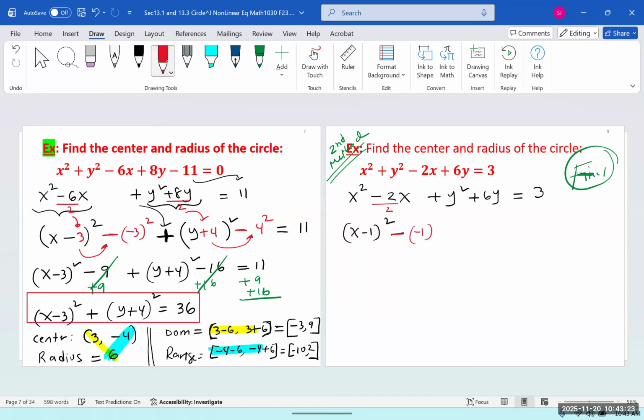And then next, plus y plus 3 squared, minus 9, equals 3.